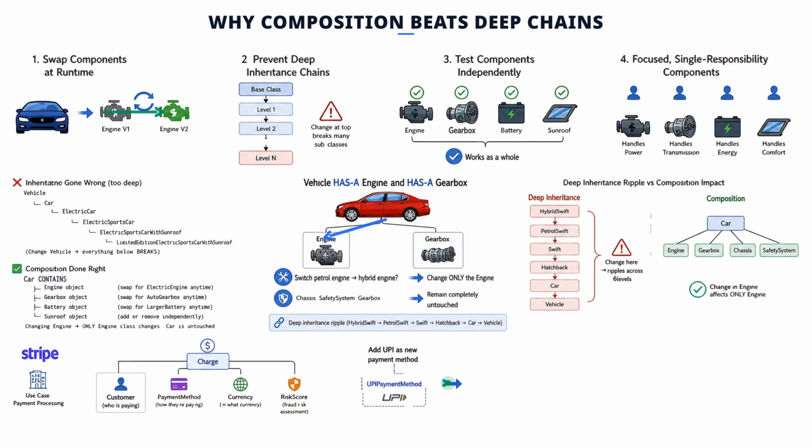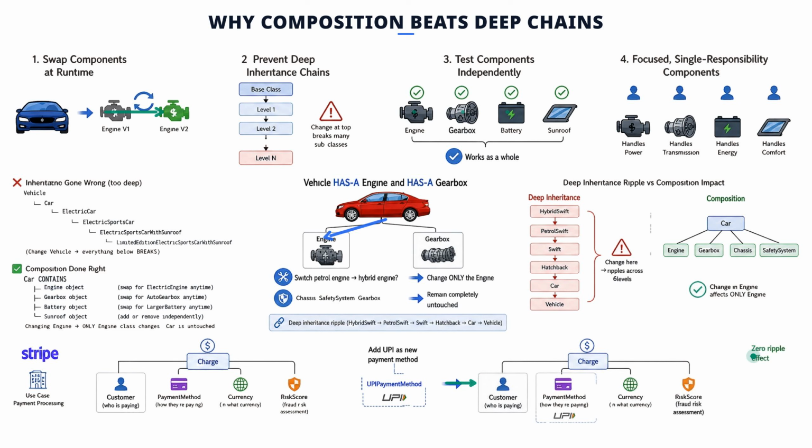They simply create a new UPI class and plug it right into the charge container. Because of this setup, there is zero ripple effect. The customer, currency, and charge logic remain perfectly untouched and safe. This incredible modularity is the core power of composition, allowing systems to grow safely and cleanly.